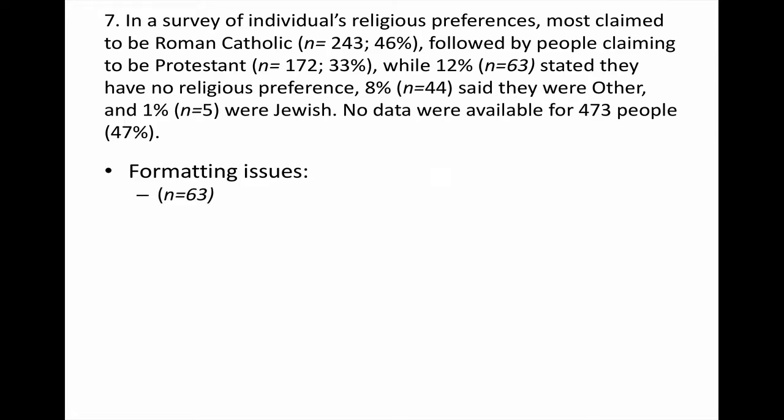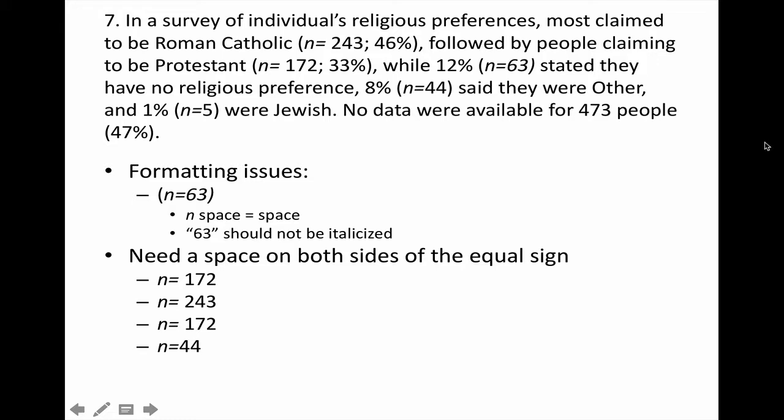We got some formatting issues. N equals 63. See that up here? It should be N space equal space, and only the N is italicized. Equal 63 should not be. You need a space on both sides of the equal sign, and you're just not seeing that here. See here and here and here and here, both sides.